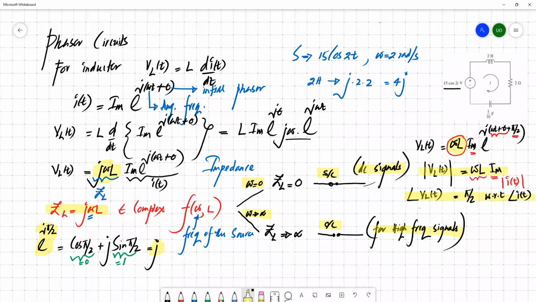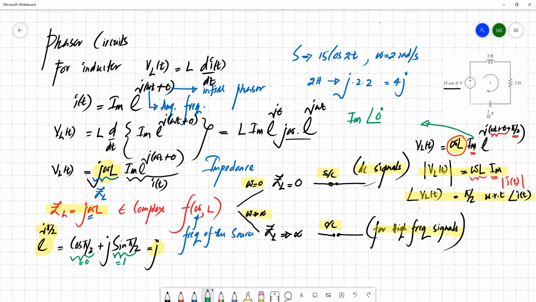If we replace this Im e to the power j(omega t plus theta) with the phasor notation, we can claim that this equals Im at an angle of 0.